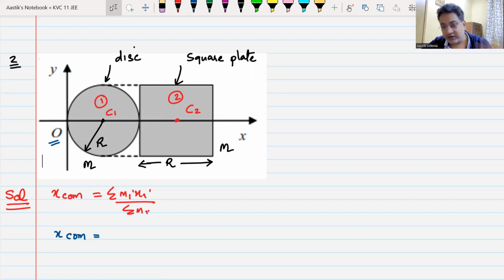Now can you tell me what will be the formula if I have told you this? Any idea how are we going to do this? I have marked the center of masses. Can you now tell me what will be the formula?